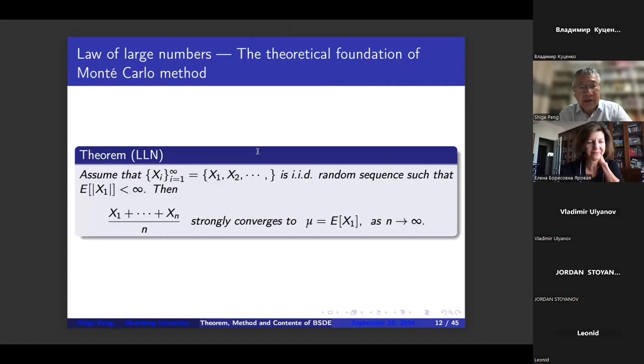Of course, the Monte Carlo method we mentioned depends on the well-known classical law of large numbers.